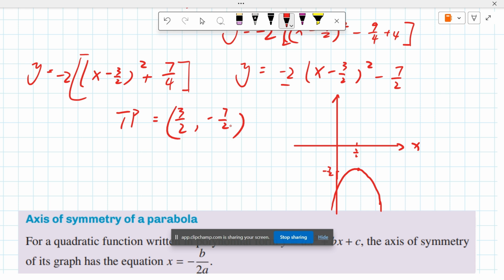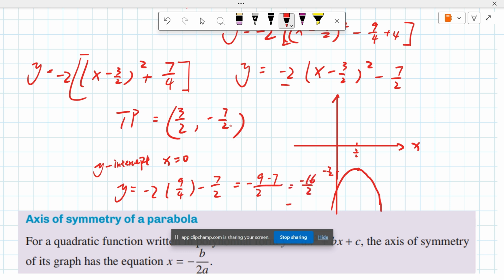The only thing you probably need to know is your y-intercept, which is x equal to 0. When x equal to 0, y equal to negative 2 times 9 over 4 minus 7 over 2, which is minus 9 over 2 minus 7, so that equal to minus 16 over 2, which is minus 8. So 0, minus 8 is that little dot.